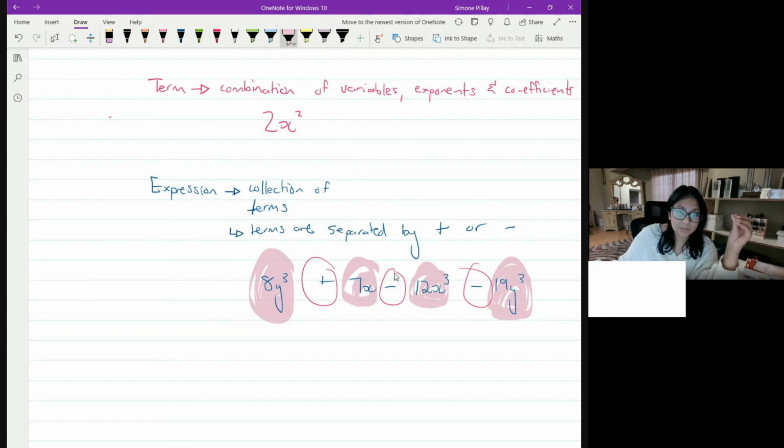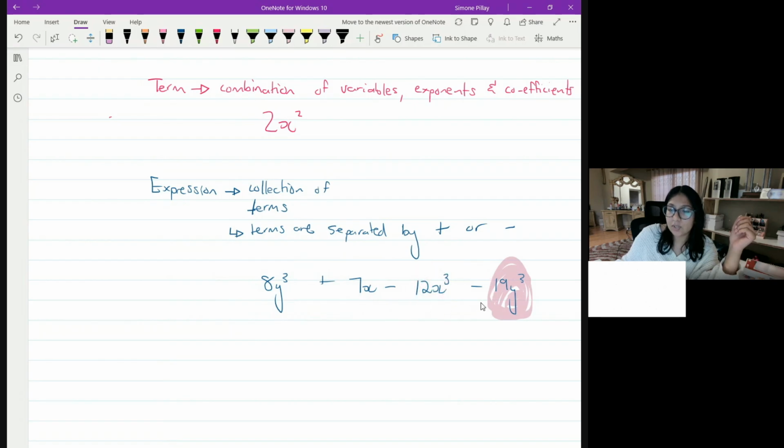Remember, an expression is a collection of terms. You can have an expression that has 2 terms, or a million terms. As long as they are terms that you've put together, separated by pluses and minuses, we call it an expression.